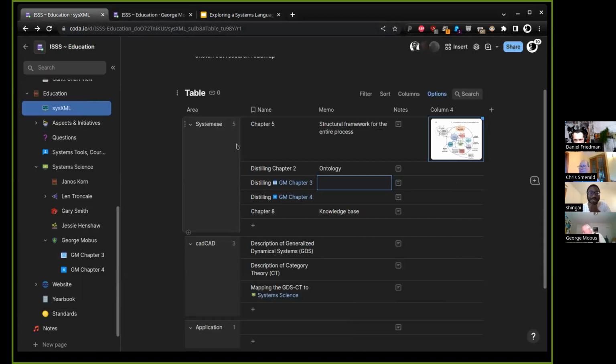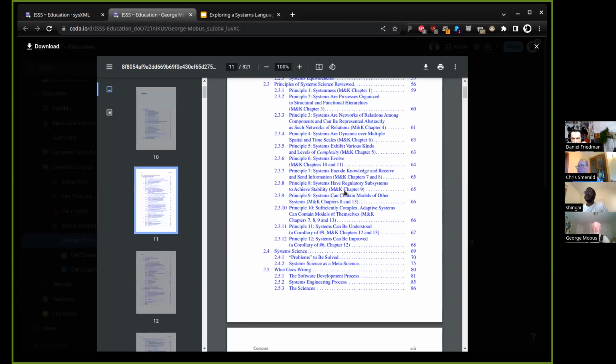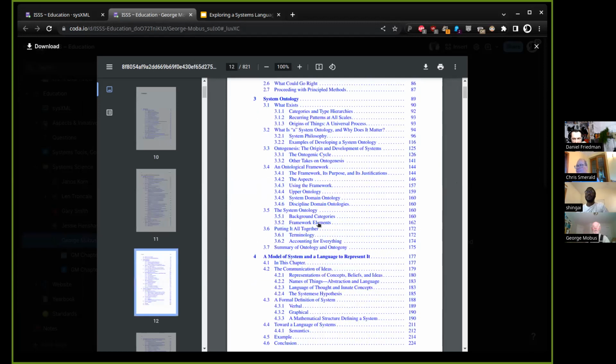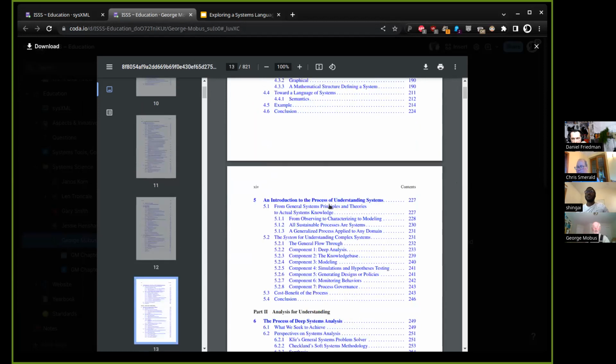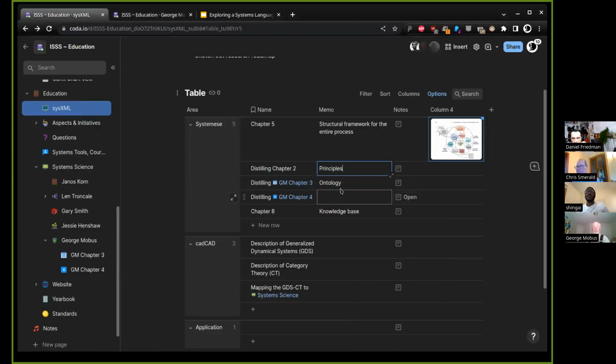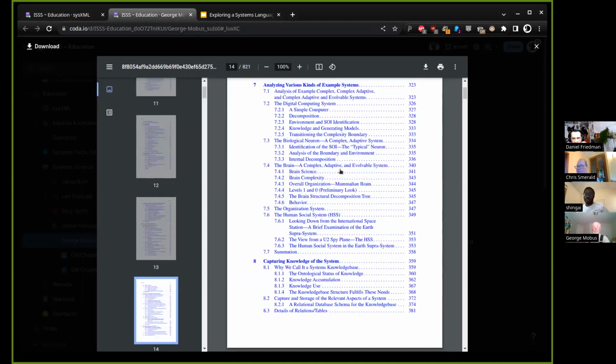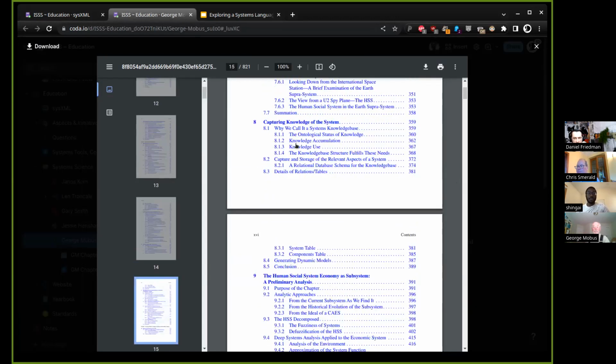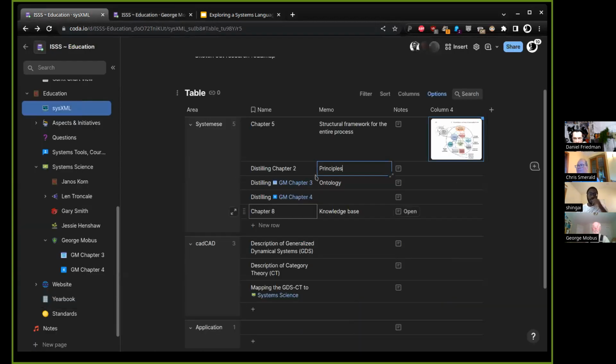Chapter 3 is ontology. So chapter 2 really isn't necessary as a part of this. Chapter 3, ontology. Chapter 4 is language. Chapter 5 is overall process. So really 3, 4, and 5, and then 8 is the knowledge component.